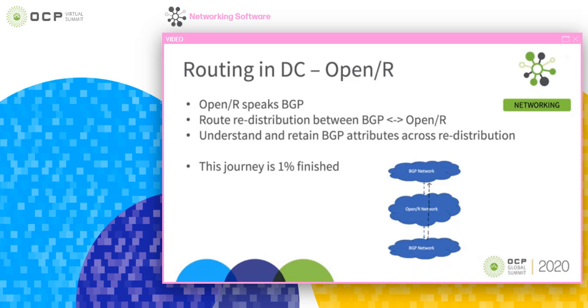To address this, we added a BGP speaker in OpenR that can send and receive the BGP encoded routes with the local BGP daemon. For the redistributed routes, OpenR can understand the attributes and respect the BGP best path calculation, and it can also transform these attributes back when it hands over a route to another BGP network.